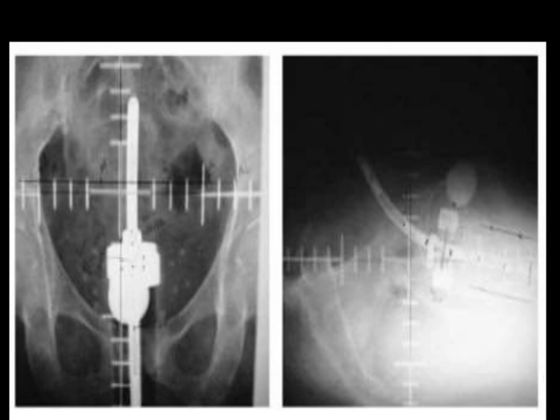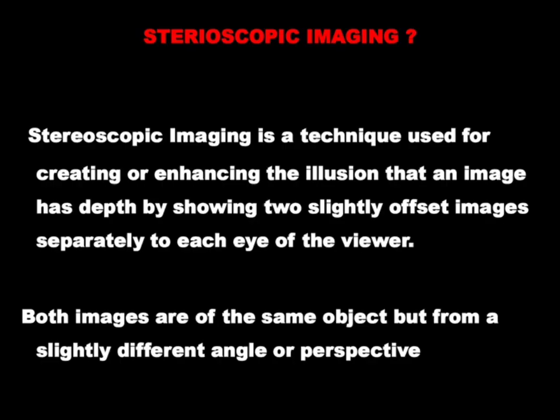A few of the important definitions I would like to share with you: what is orthogonal imaging? Orthogonal imaging is basically a projectional view, by definition a radiograph obtained anteriorly and one at 90 degrees to the original view.